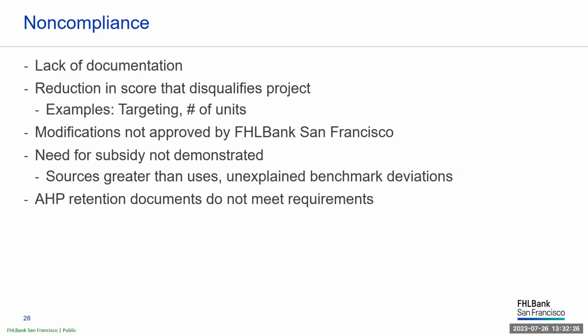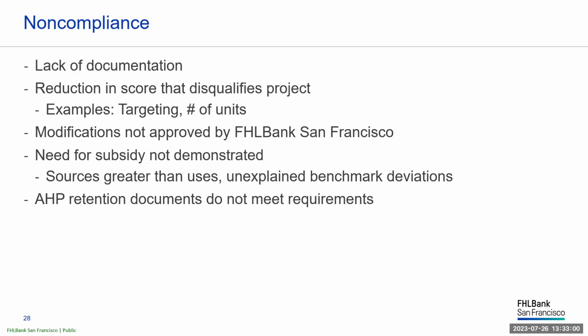In addition, if there are changes in the scoring categories that reduce a project score to below the round's lowest score, the project may be disqualified from that round, which would require the full recapture of the subsidy. If there are any significant changes in the project, it is imperative to communicate these changes with the bank staff as soon as possible and provide a cure plan and good cost explanation so that we can work with you to ensure the project remains eligible for subsidy.